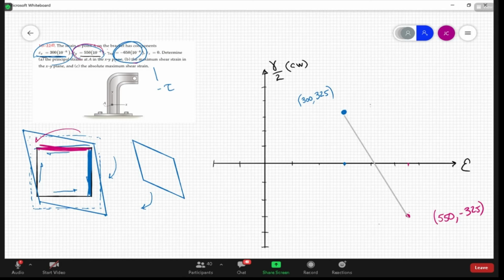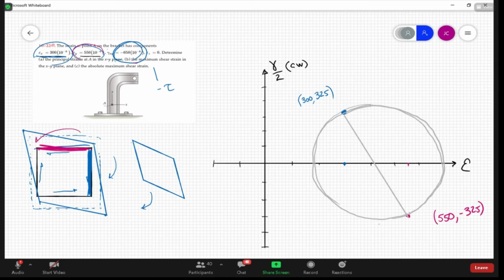So maybe it's something like this. All right, so there's roughly Mohr's circle for that state shown.